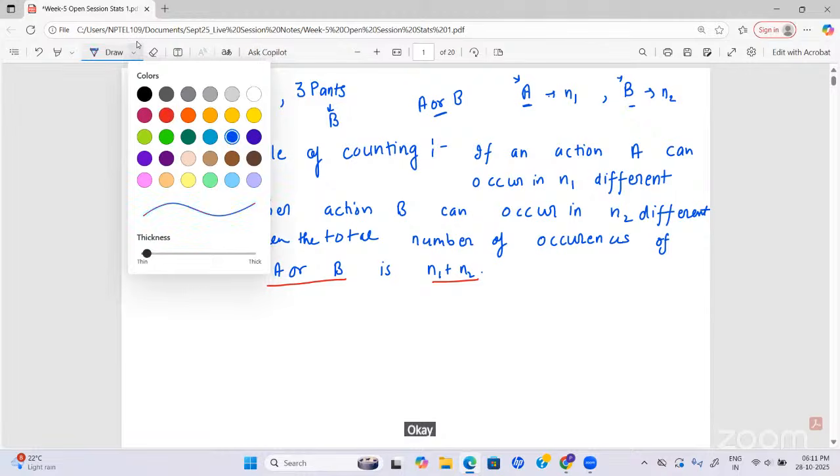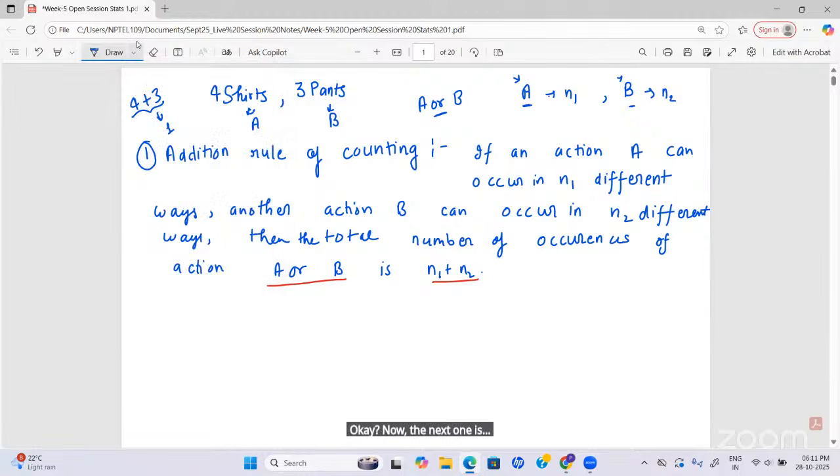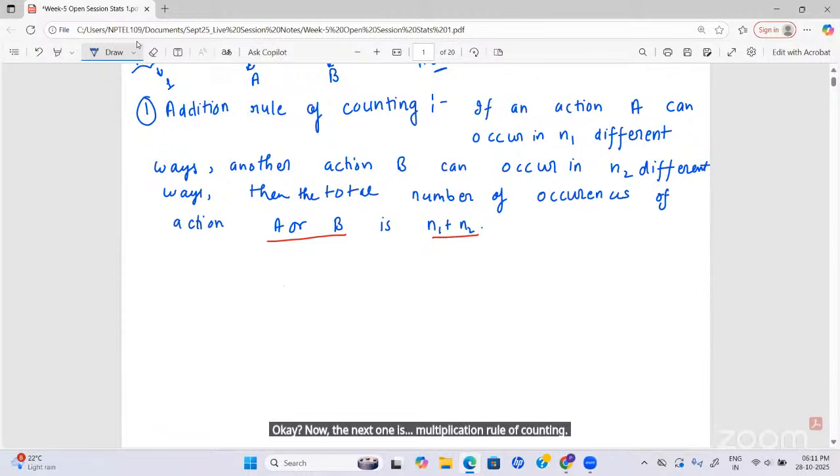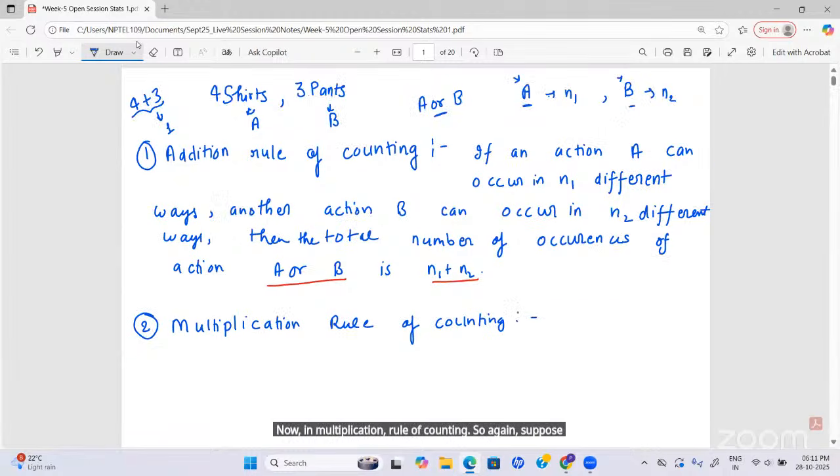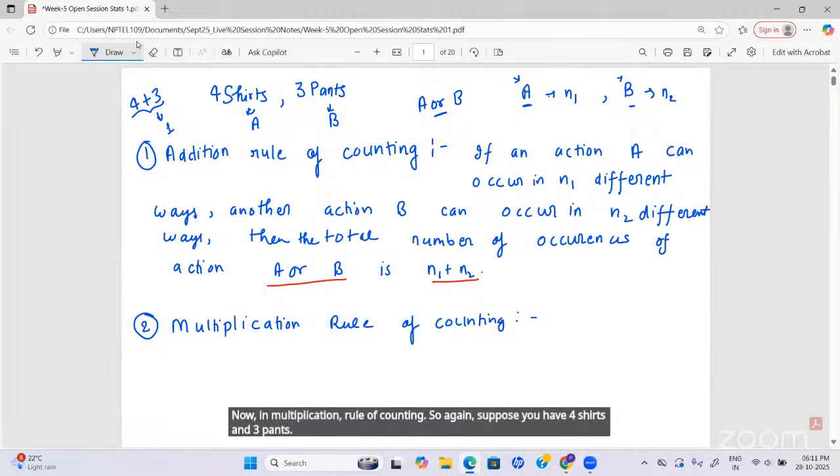Now the next one is the multiplication rule of counting. Again, suppose you have 4 shirts and 3 pants.